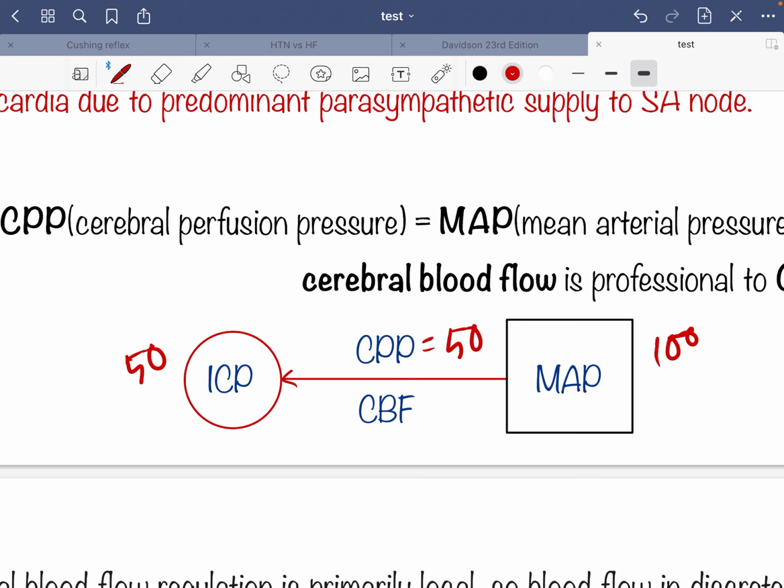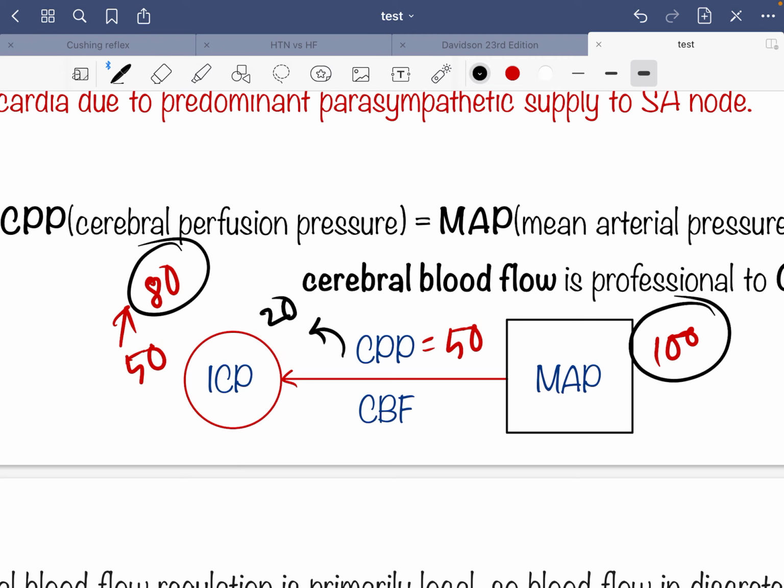Now, if due to any cause the intracranial pressure is increased from 50 to 80 millimeters of mercury, what will be the cerebral perfusion pressure now? This will be 100 minus 80, that means now the cerebral perfusion pressure is 20. So you can see that if the intracranial pressure increases, cerebral perfusion pressure decreases.